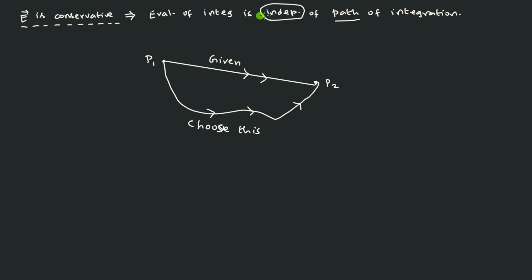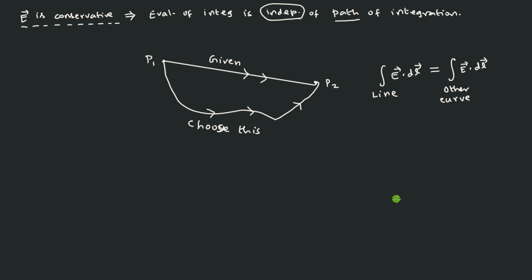Evaluation of the integral being independent of the path of integration means that for our integration of E dot dl, whether you choose the original line given in the question paper, or I choose some other curve and evaluate E dot dl along that particular curve, then interestingly these two integrals become identically the same value numerically.